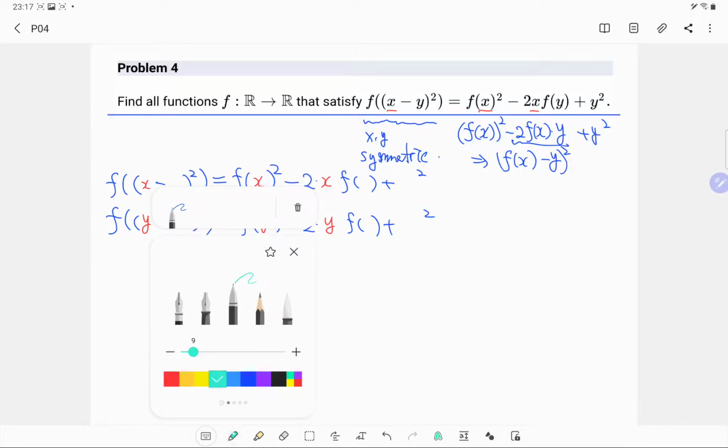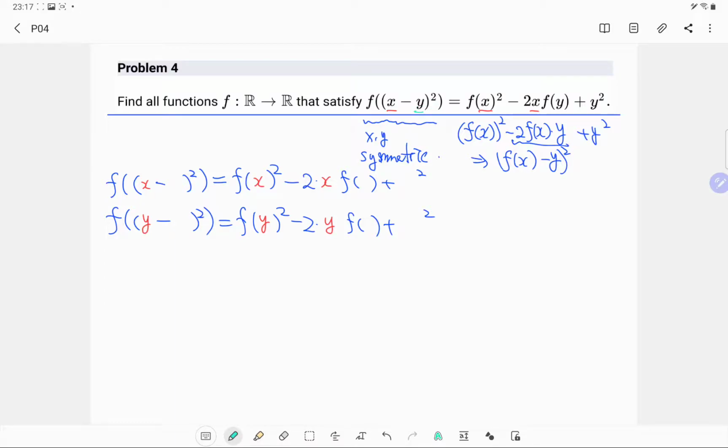In this case, we swap x and y on the left hand side, which means they should be equal to each other, and on the right hand side they should also be equal to each other.